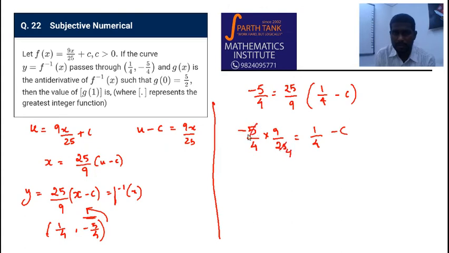This is 9 by 20, is equal to 1 by 4 minus c. Transpose it to the side. c is 1 by 4 plus 9 by 20.